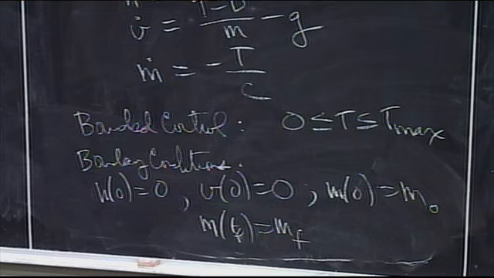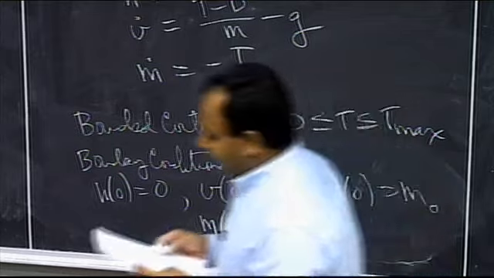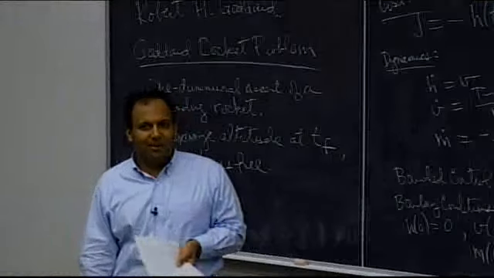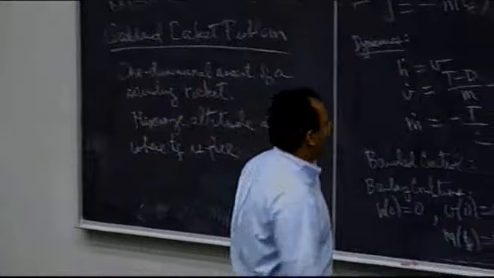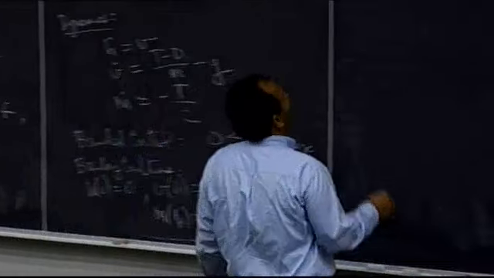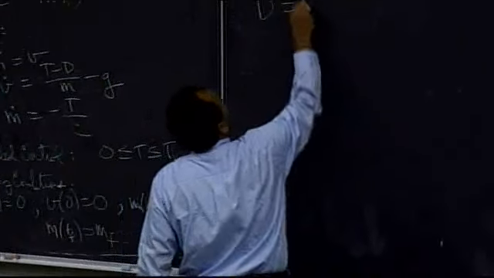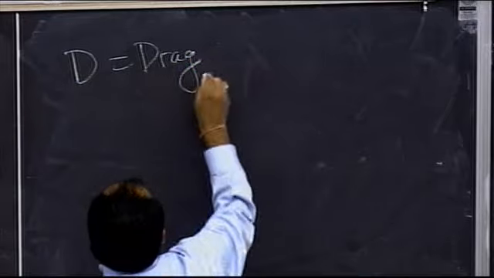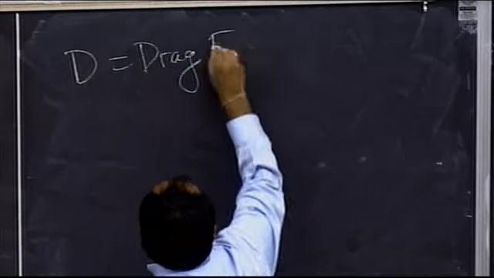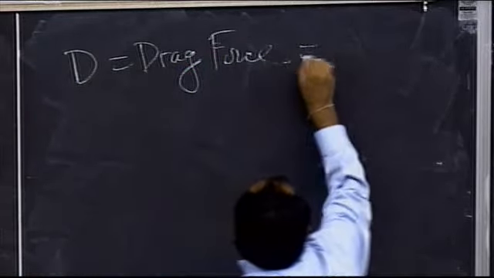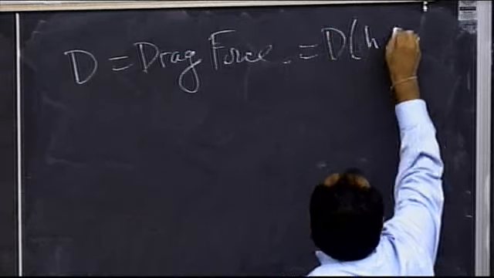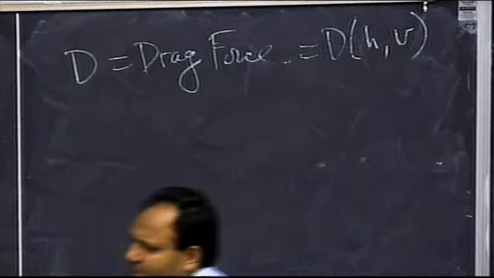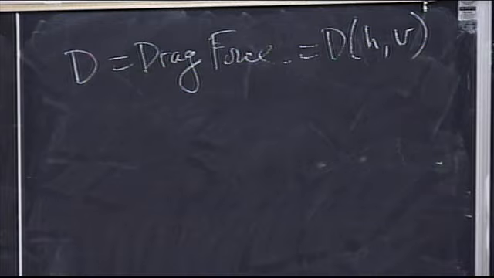Okay, so now let's look at this problem in a little bit of detail, because this looks like a pretty easy problem. A couple of things I want to point out here. D, which is the drag force, is a function of altitude and speed. That's typically what drag is a function of, because drag is a function of dynamic pressure.